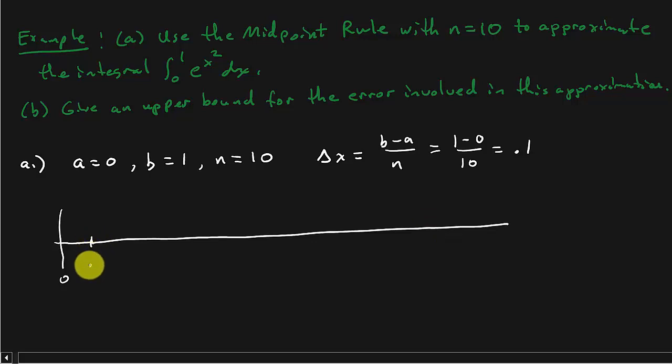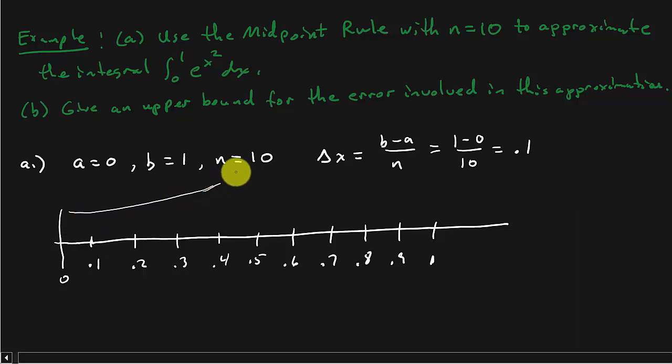So we know that's 0.1, 0.2, 0.3, 0.4, 0.5, 0.6, 0.7, 0.8, 0.9, and then 1. So we've got 1, 2, 3, 4, 5, 6, 7, 8, 9, 10. Yes, you could draw the graph. It's just going to keep going up like that if you wanted to sketch it. But what we're interested in here are the midpoints. That's what we need.